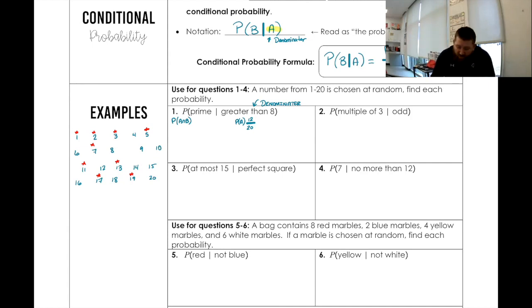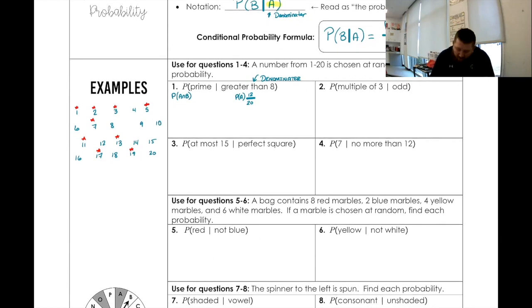Looking over there, we've got 11, 13, 17, and 19. So that's 4, and the probability of A and B is 4 out of 20.